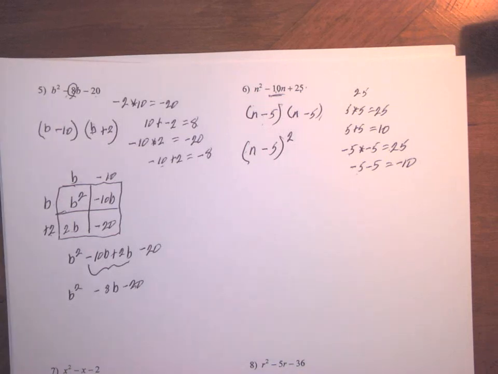Number 7, remember, if we don't have anything, we can put a 1 right in there. So now what we're looking to do is factor negative 2 such that two numbers multiply to equal negative 2, but add together to equal negative 1. Okay?